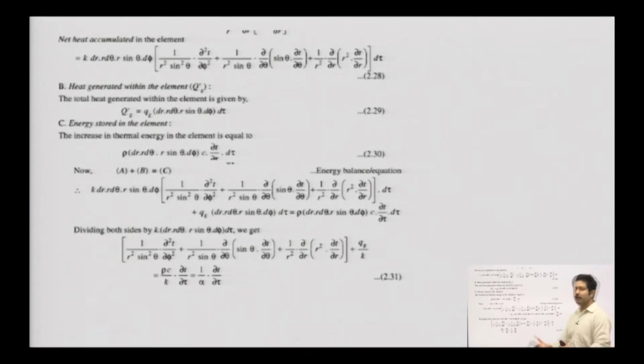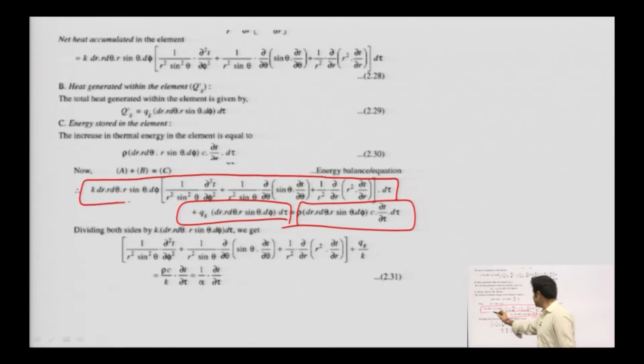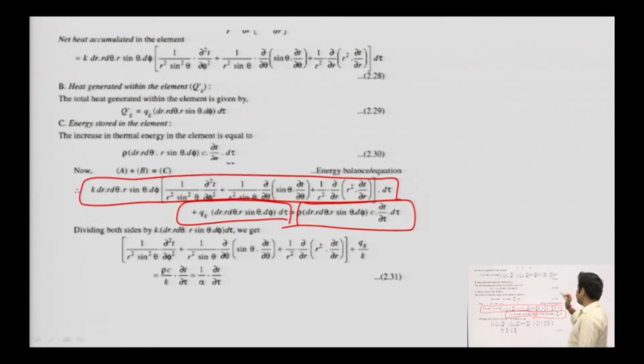Now the net heat accumulated in all the directions plus the internal heat being stored inside should be equal to the rate of change of internal energy. This is the heat generated, this is the rate of change of internal energy, and this is the addition of all the net heat.